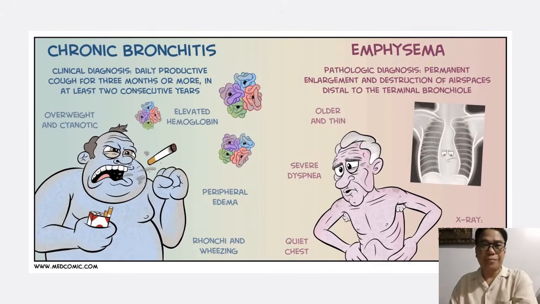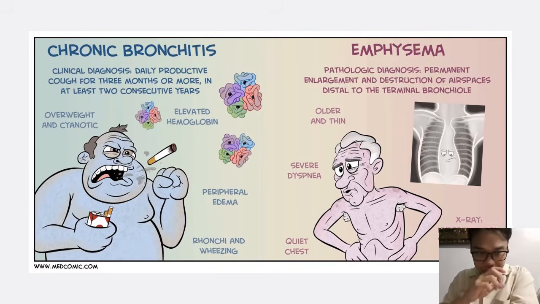Okay. So for the management and treatment, we are going to discuss them all in one, because they are all under COPD. Aside from asthma, we have chronic bronchitis and emphysema.